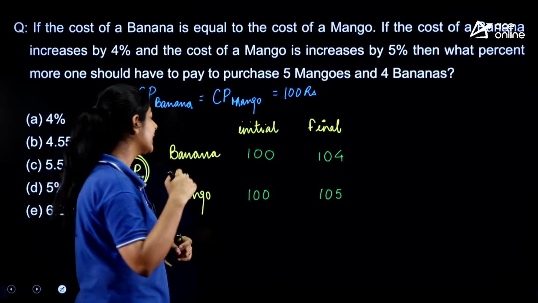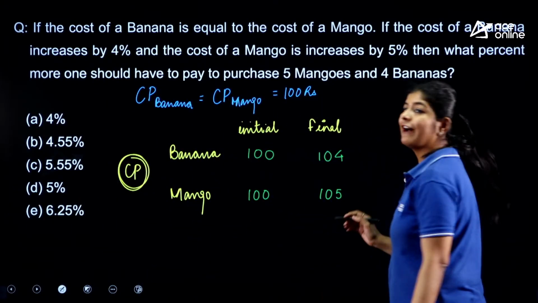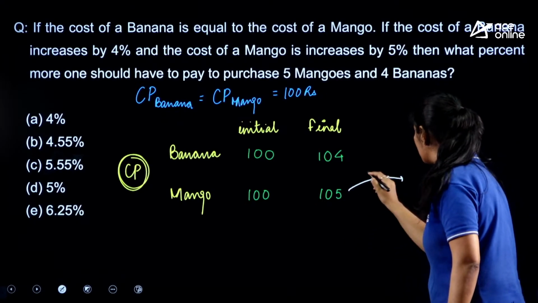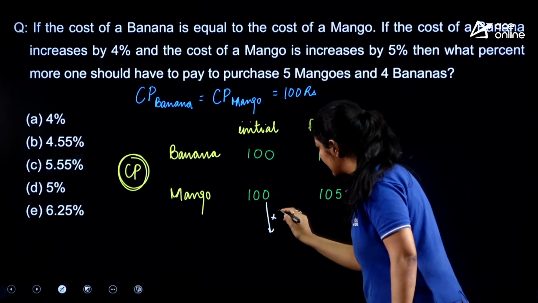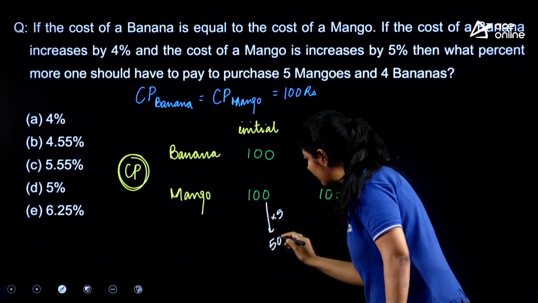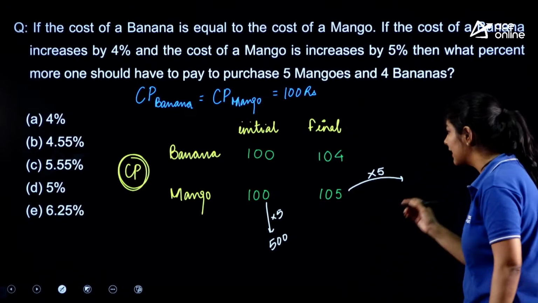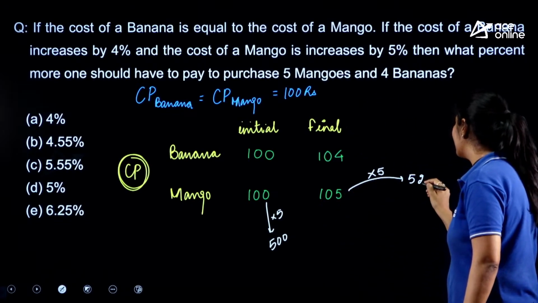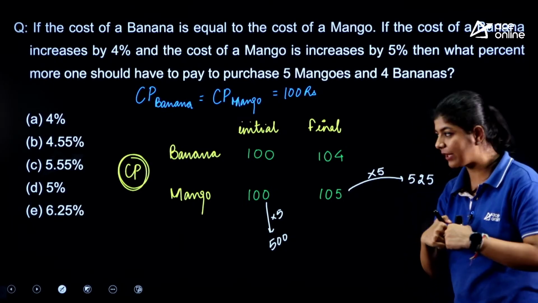Now the question is saying that I have to purchase 5 mangoes, so I need to multiply by 5. Initially I was getting my mangoes for 500 rupees, now because of the increase in price, I need to pay 525 rupees just to get the same number of mangoes.